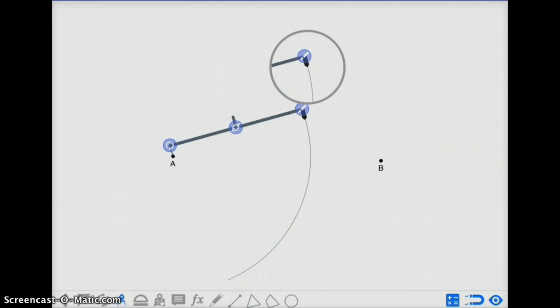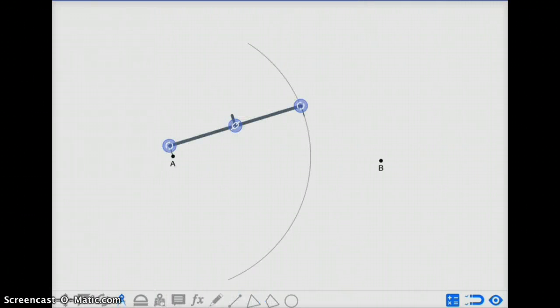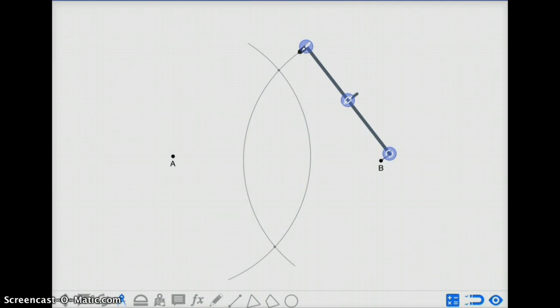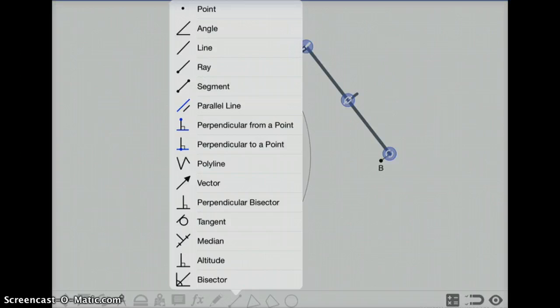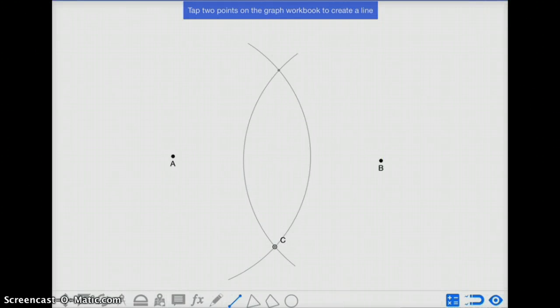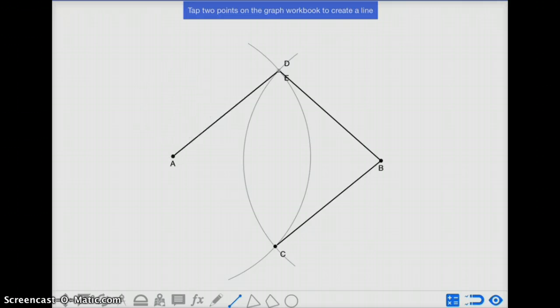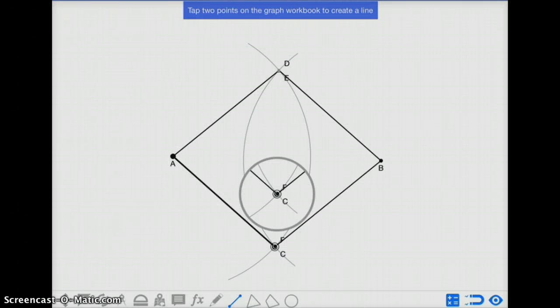So instead of doing a full circle, I'm just going to do a partial arc here, bringing over and setting for the other side. If I then connect these, I will have all my side lengths the same, and working towards those two centers of the circles, the shape that I will create from this is a rhombus.